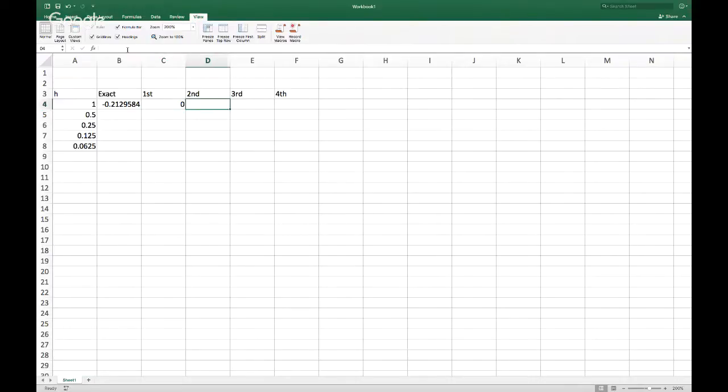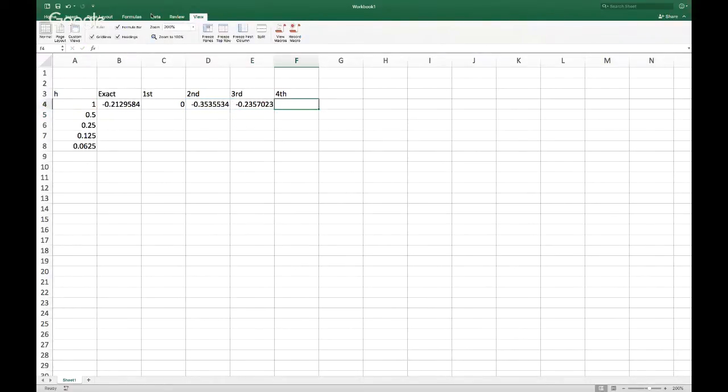For the second order, we take our first order solution, and then we subtract h squared divided by 2 times square root 2. Third order, we take our second order, and we add our h cubed divided by 6 times square root 2.